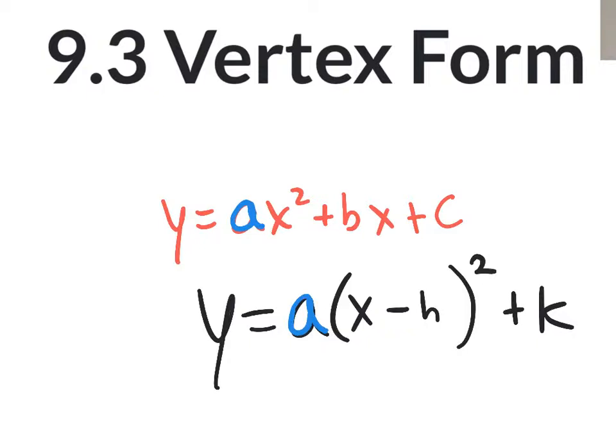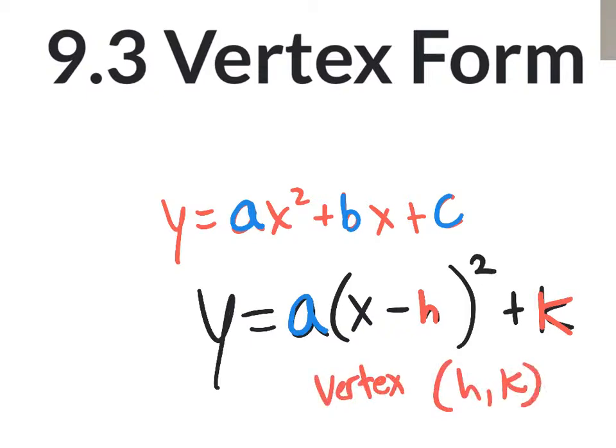The b and c values are just numbers, and over here the h and k are also just numbers, but the h and k actually tell you the vertex. So when you're looking for the vertex, it's simply going to be h comma k. Whatever number you have right here and whatever number you have over here, that's going to be your vertex x and y value.